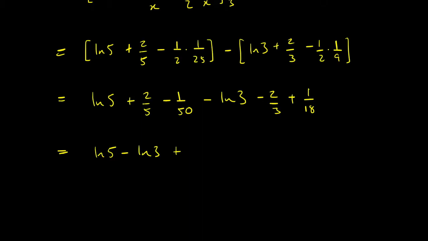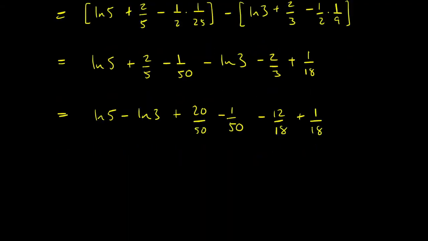I'm going to change this so it's got the same denominator as the 50, so I've got 20 upon 50 minus 1 upon 50. And then I'm going to change these so they've got the same denominator as well. So I'm going to times up by 6, I think, so that'll be minus 12 upon 18 plus 1 upon 18.